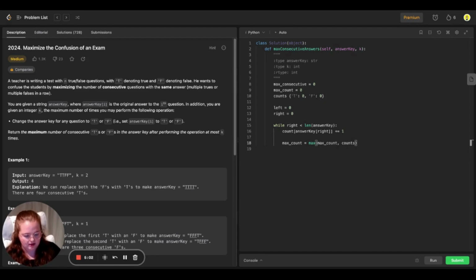So max count equals the max of max count and counts of the answer key at right. Then if right minus left plus 1 minus max count, not max consecutive, is greater than k, then we decrement the counts of the answer key at left. Boom. Easy.